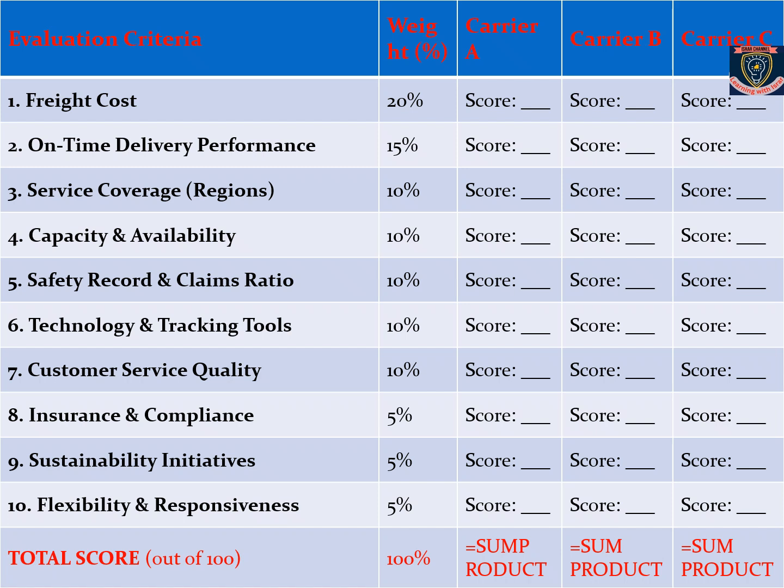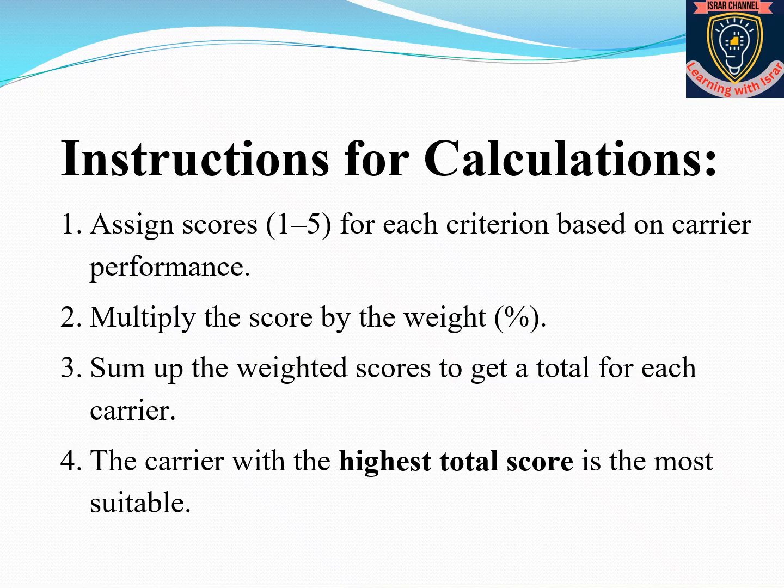This is a template you can see which shows evaluation criteria, weight percentage, and then carriers A, B, and C, and how you have to fill that. So the next step is how to calculate. As we have already talked about, assign scores 1 to 5 for each criterion based on the carrier's performance.